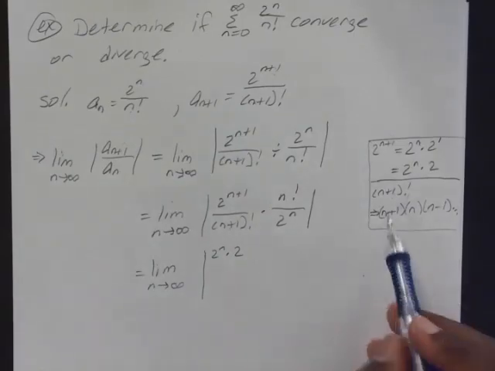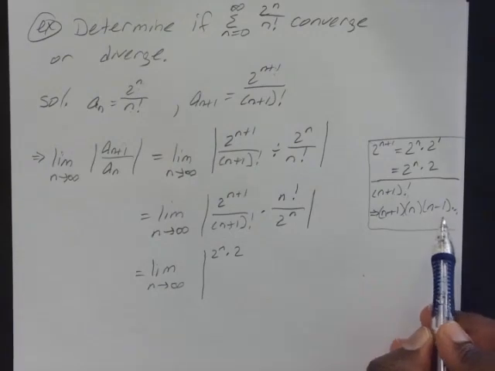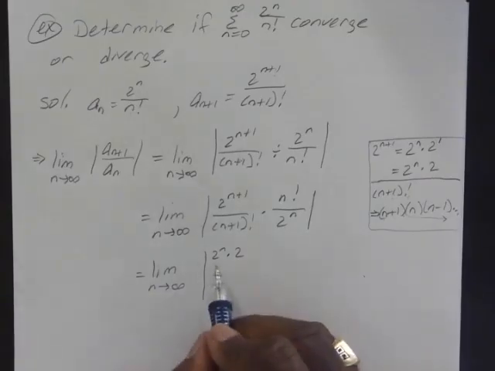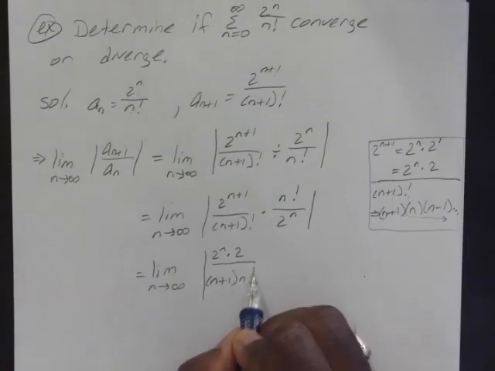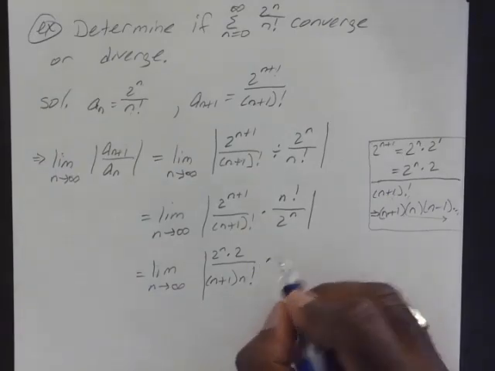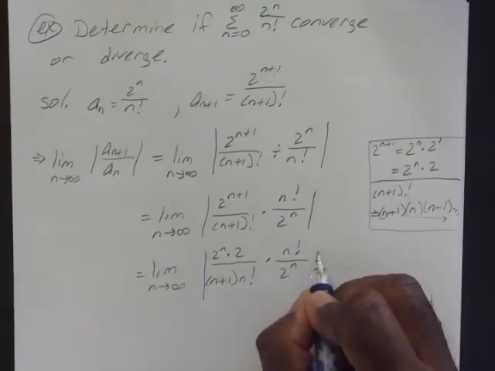But we can rewrite this as just n plus 1 times n factorial, because everything from there on down is just n factorial. So that becomes n plus 1 times n factorial. Times our n factorial divided by 2 to the power of n.